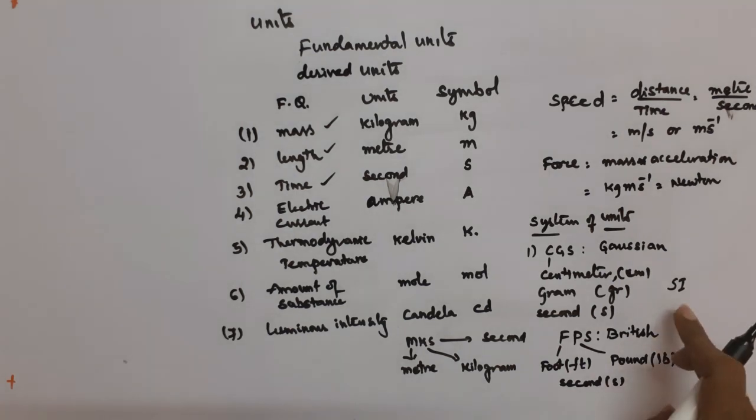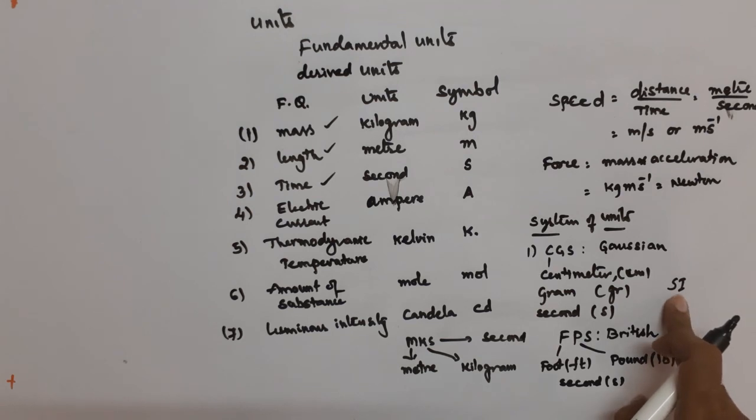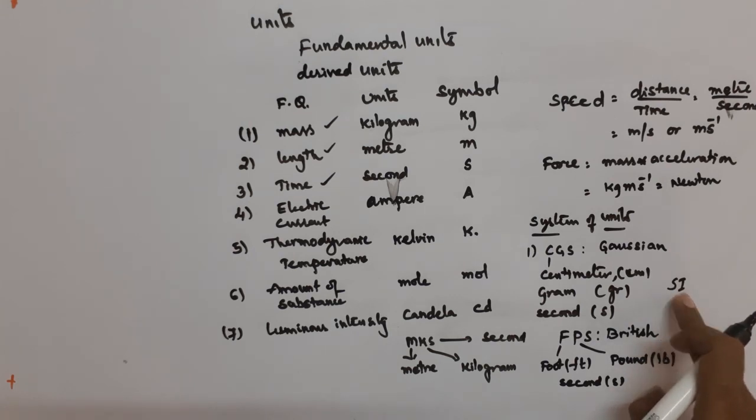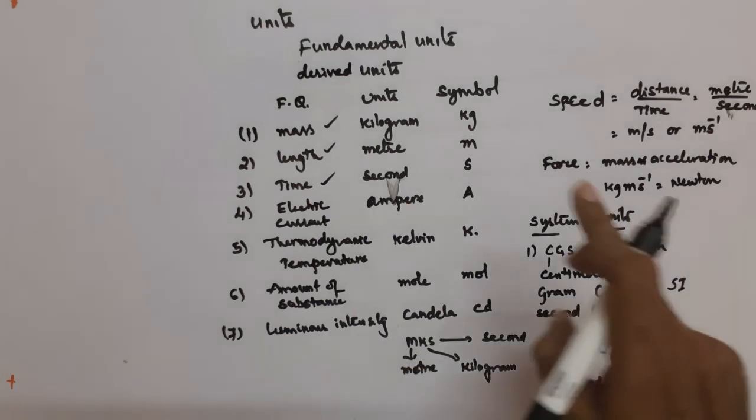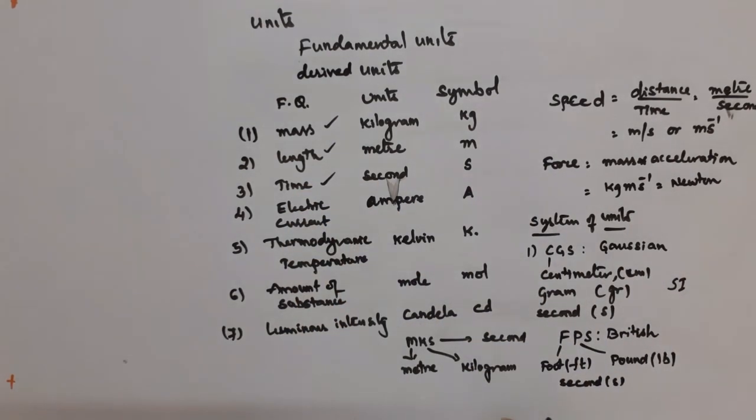Now what is the SI system? The SI system is nothing but the international system, a modernized and extended form of the MKS and CGS systems, in which there are 7 fundamental physical quantities.